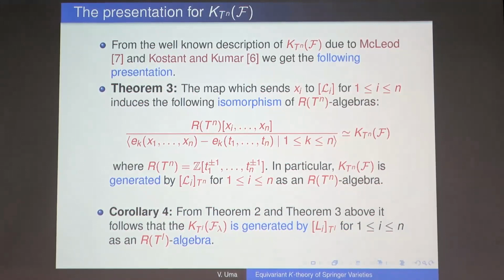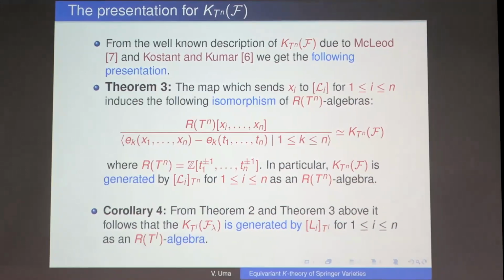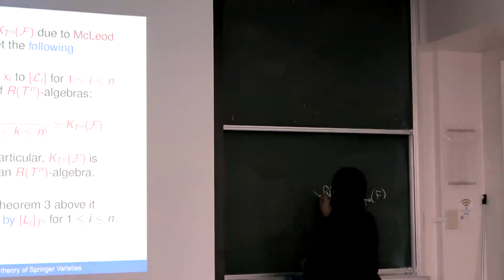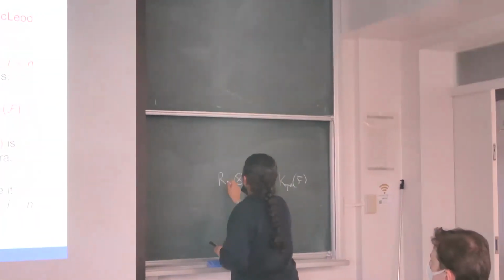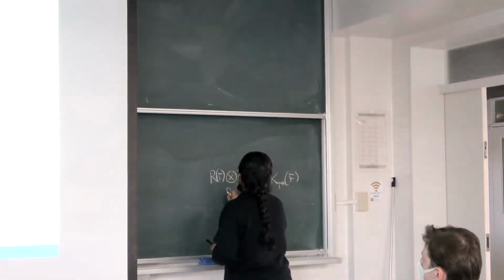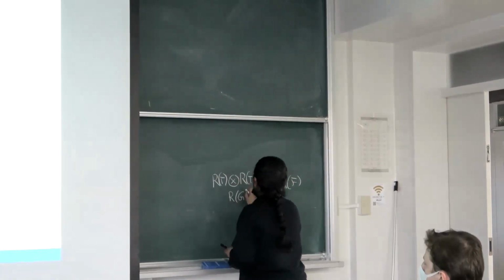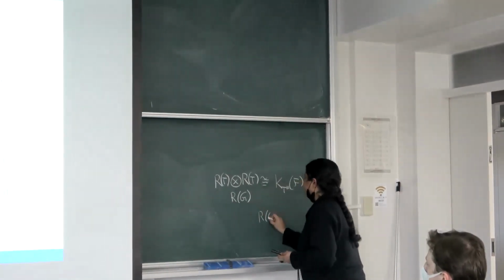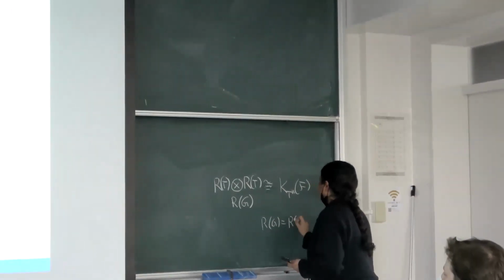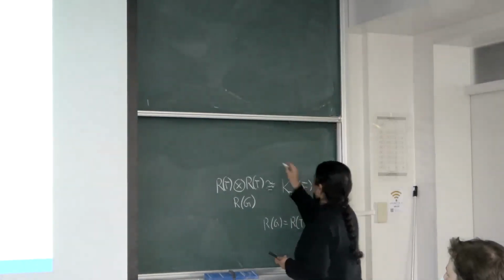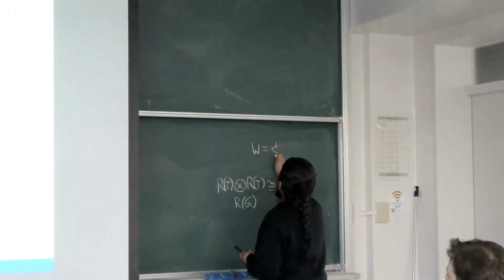So this is isomorphic to this kind of a tensor product over RG, where RG can be identified with the Weyl group. So here the Weyl group is Sn.